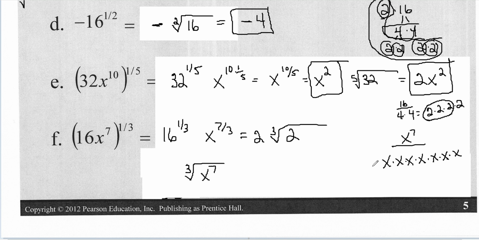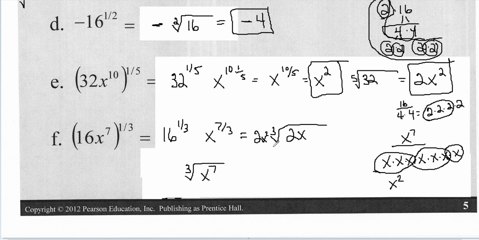And for every 3, I take out 1. So here's 3, and 1 is going to come out. I'll do it down here. Here's another 3. 1 comes out to make it x squared, and I've got 1 left over. So that 1 left over here is going to be under the radical sign, and this x squared is going to be squeezed in here, x to the 2nd power.